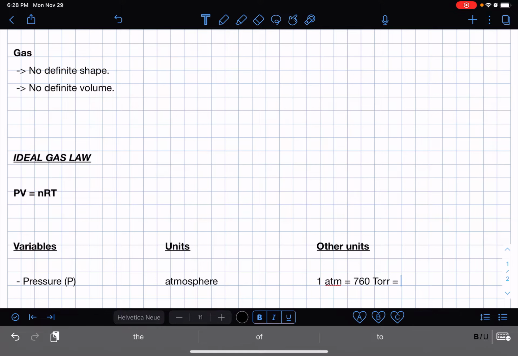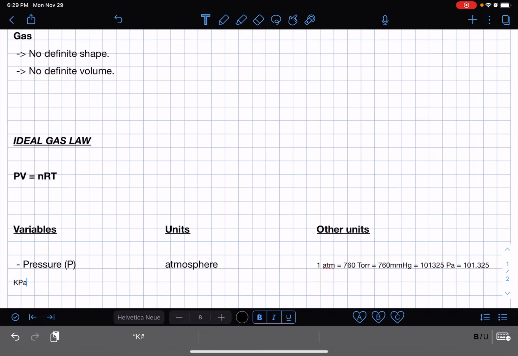Torr is another system of measurement in the world of organic chemistry. 760 torr is also equivalent to 760 mmHg, which is also equivalent to 101,325 Pascal, or Pa, if I'm not mistaken, and which is also equivalent to 101.325 kilopascal.